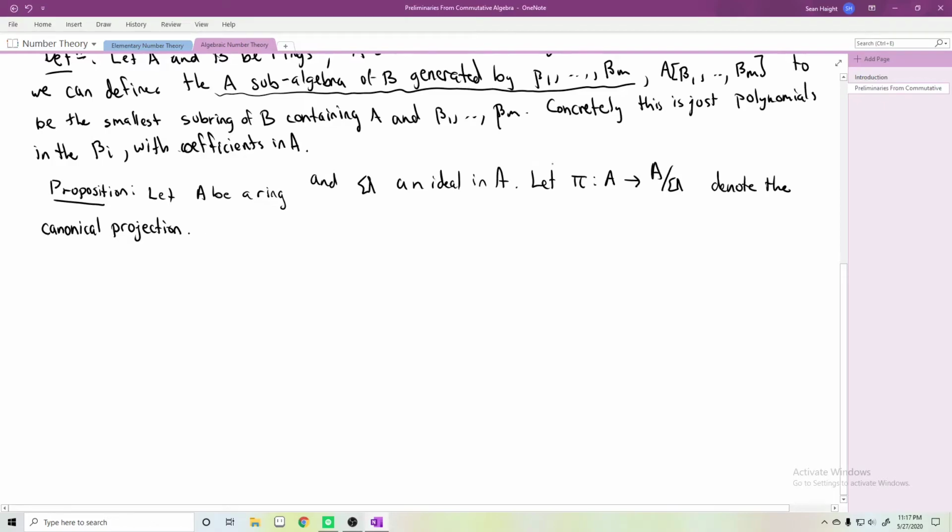Essentially, this map pi is going to induce a bijection between two different sets of ideals, one in A and one in the quotient.